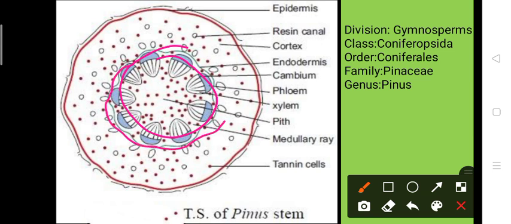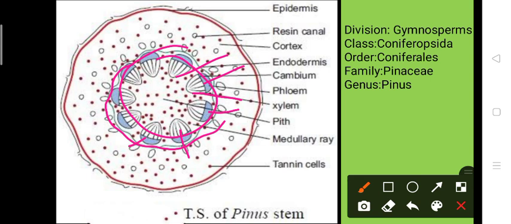This vascular cylinder consists of 5 to 8 vascular bundles in a ring-like manner. They lie close to one another. Thin medullary rays are present in between the vascular bundles.